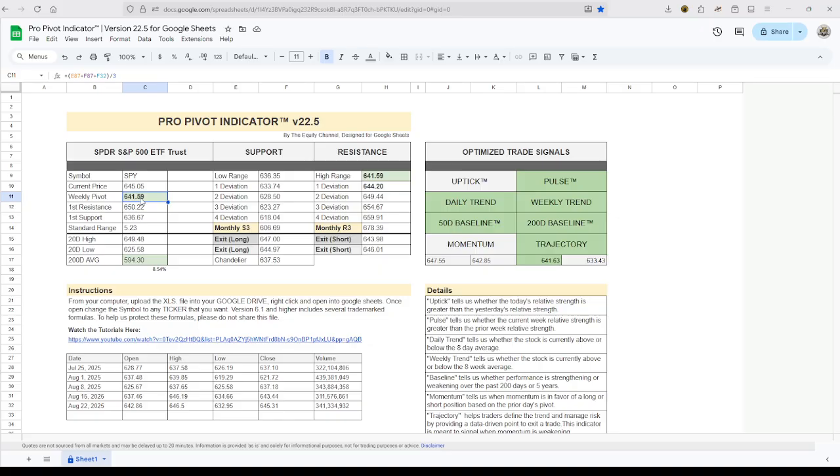Pivot points are essentially a set of support and resistance levels for a stock or an index that are based on prior period's high, low, and close. So that can be a daily pivot, right?